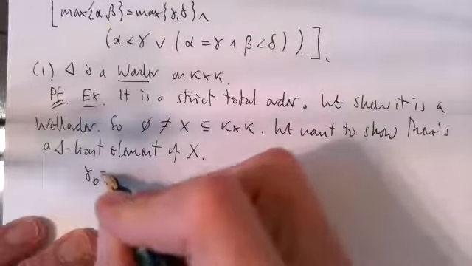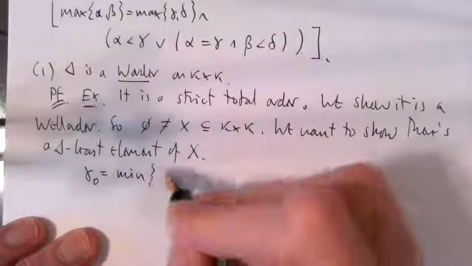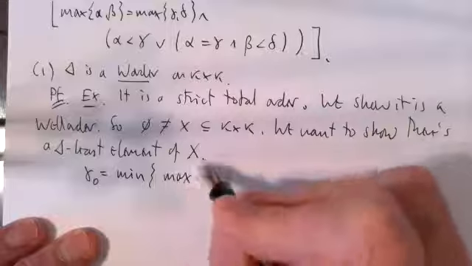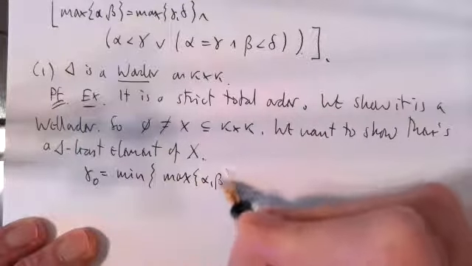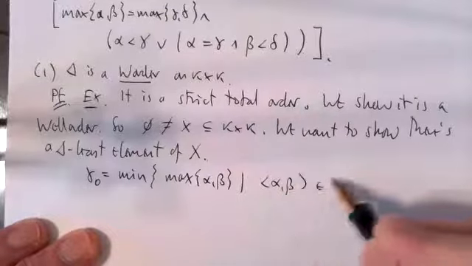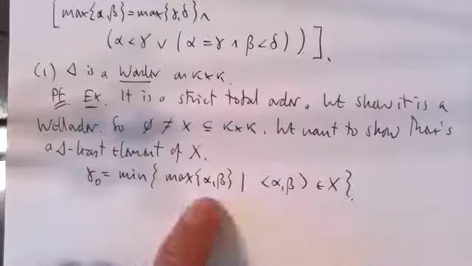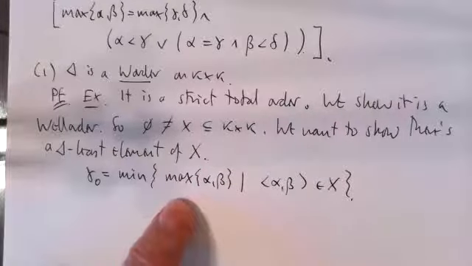So let gamma 0 be the least of all of these possible maxima. I just look at the least possible maximum that's there.